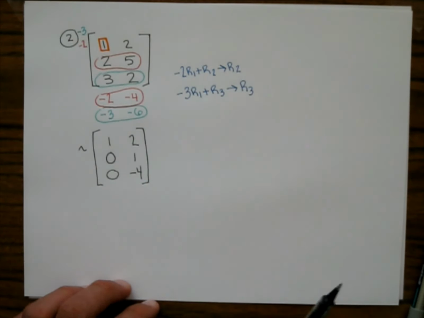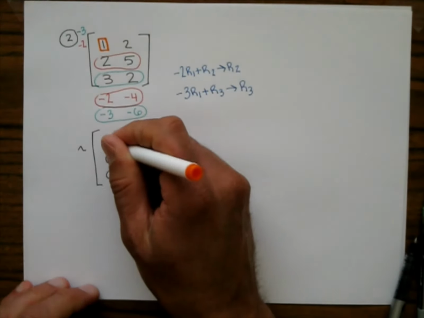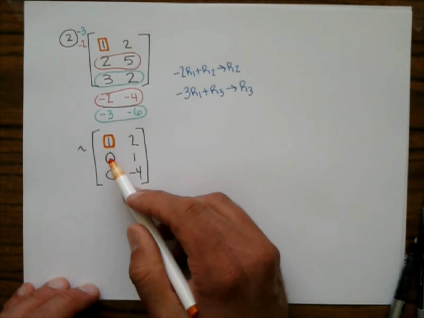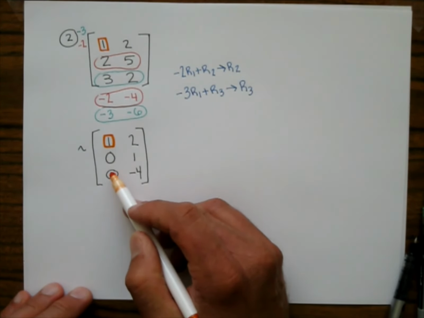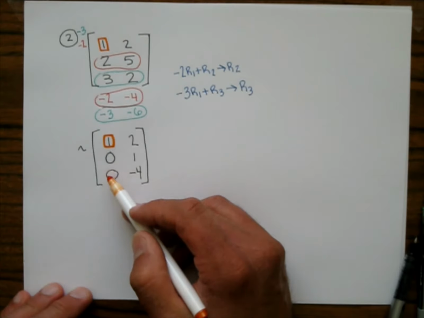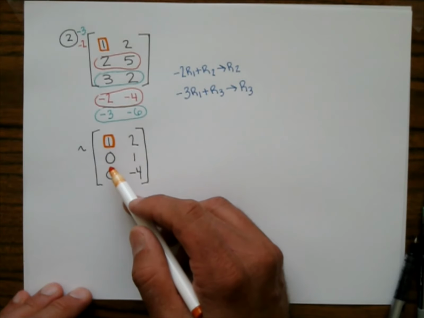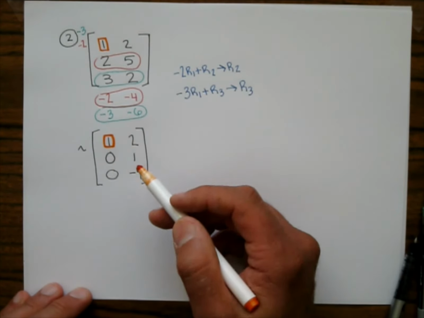Okay, so look at this pivot, this leading 1 has zeros beneath it, which is good. That's what we want. We don't want a situation where we have another pivot right below this pivot, because row echelon form says your pivot ones, the ones below have to be to the right of the one above.